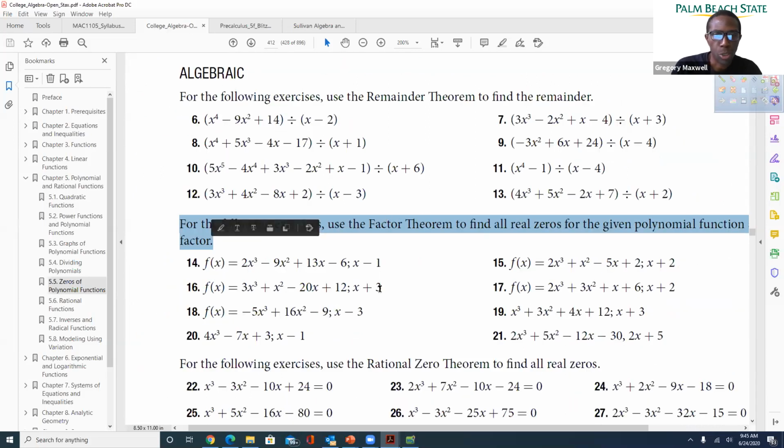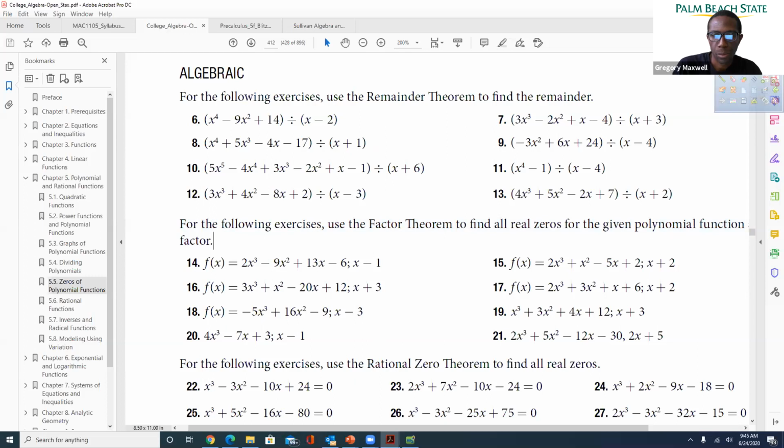So choose from that set which ones you'd like me to do. We have number 16, number 19. Those are the two I'm going to be doing, number 16 and number 19.